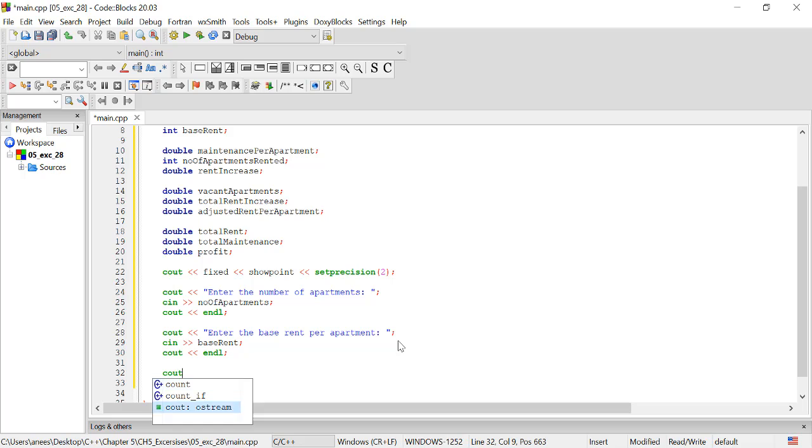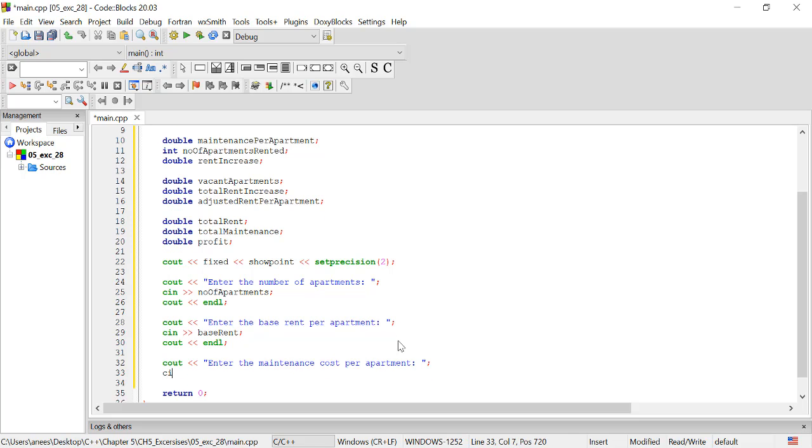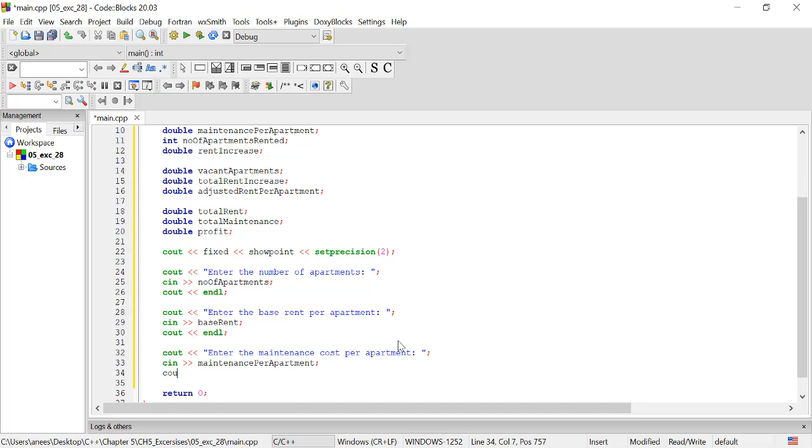After that, we can write in cout, enter the maintenance cost per apartment, cin maintenance cost, maintenance per apartment. And then we will cout endl.